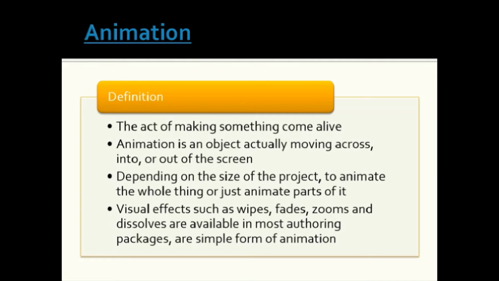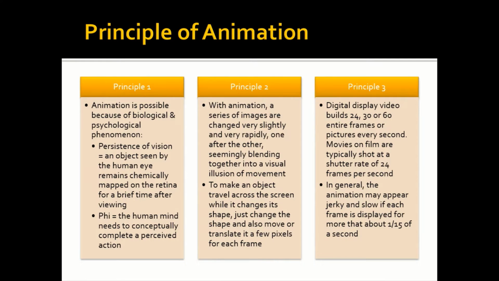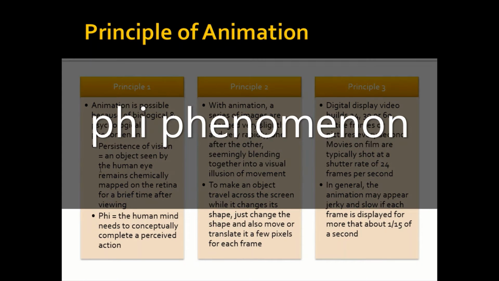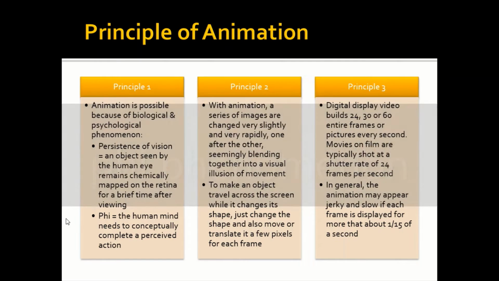Okay, so now let's try to look into some of the principles in animation. First principle is related to our biological and psychological phenomenon, what we call phi phenomenon. In phi phenomenon, an object that we see remains chemically mapped on our retina for a brief time after viewing.